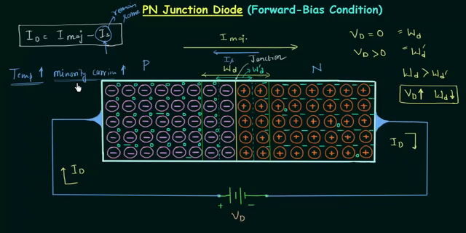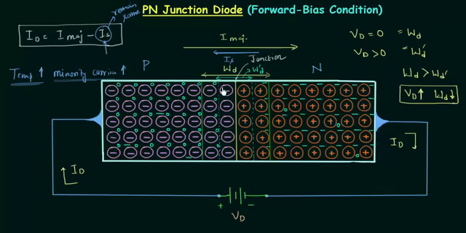But there is change in diffusion current. The depletion layer is reducing because of the applied forward potential, and the electrons on n side will see a reduced depletion layer, and also it will be attracted towards the applied positive potential on the p side. So there are two things happening.